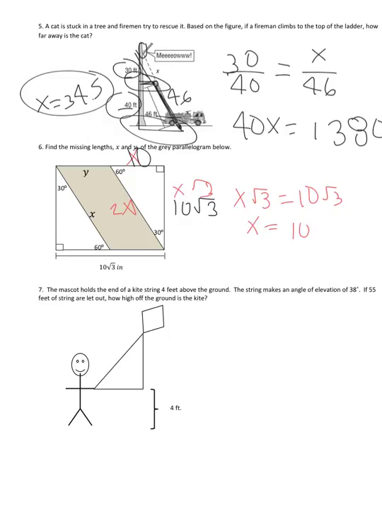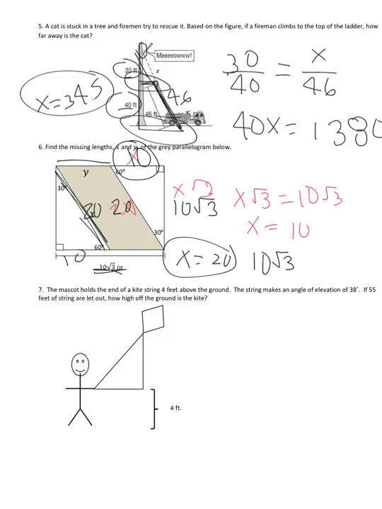Right, so that's 10 there, and then 10 over here on this side. And that makes the hypotenuse, x, first of all, 20. So we know x is 20, x in the problem, right here. And then for this, we know its whole length is 10 square root of 3. We know that white piece is 10, so you literally from your calculator have to figure out what 10 square root of 3 minus 10 is.